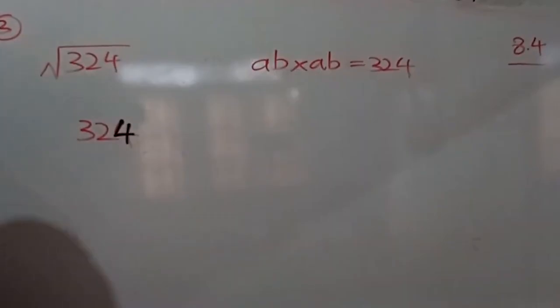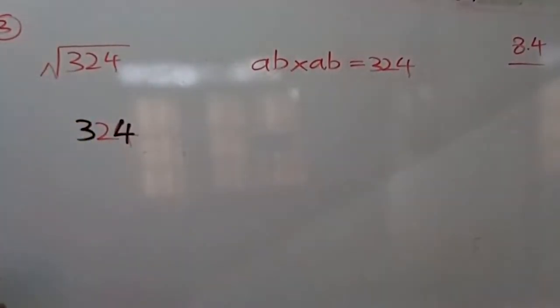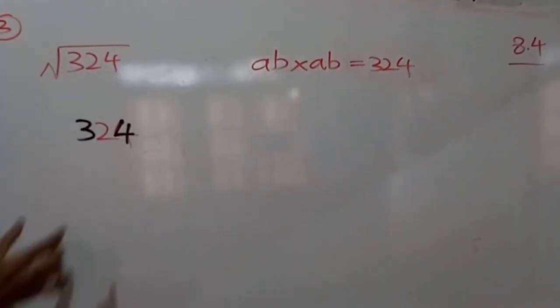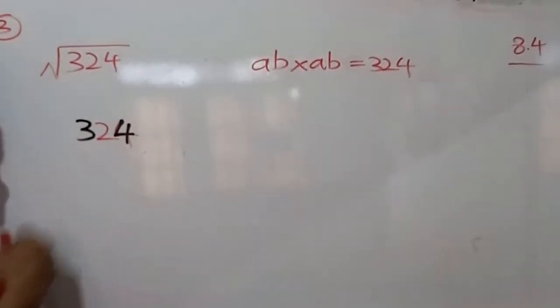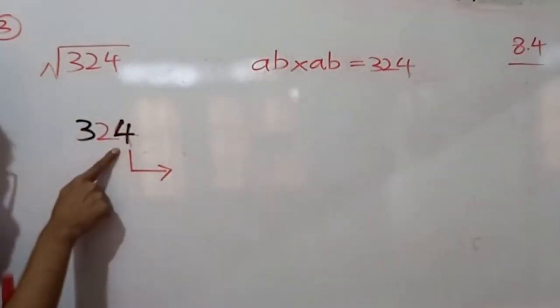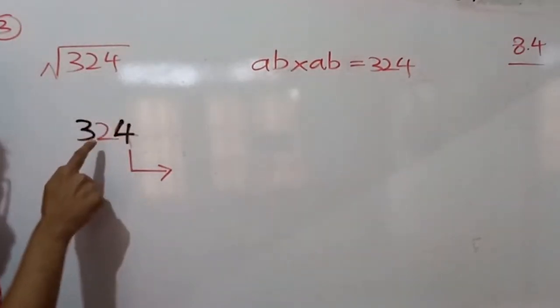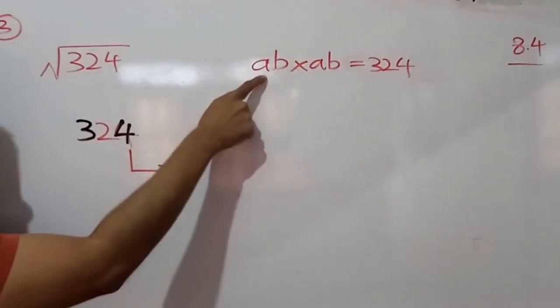Right. So now when we calculate the square root of a given number using the observation method, we focus on these two digits, right? Okay. Now, this is the ones place of this number, no? Since the digit is 4, that means what? AB means what?